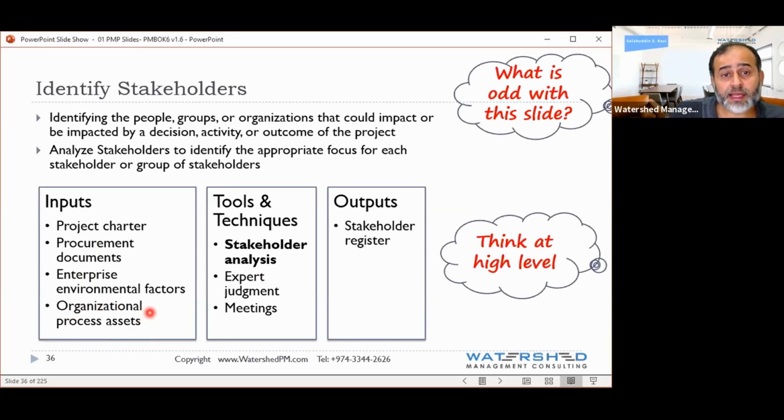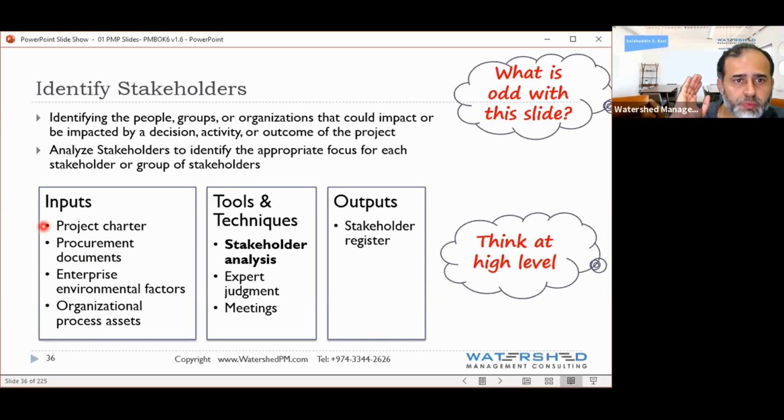So this is why assets lead you to find stakeholders, factors lead you to find stakeholders, and your procurement documents can be things like your vendors, suppliers, and things like that. Most importantly, remember that you are doing a project which is not brand new to you.